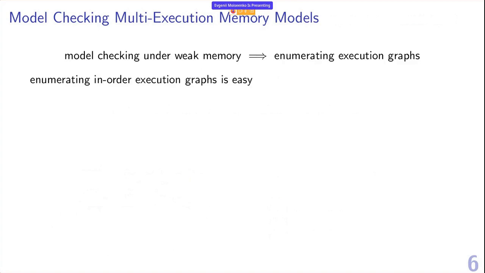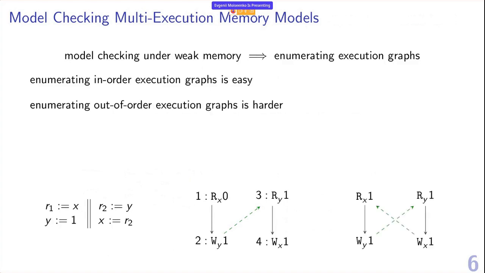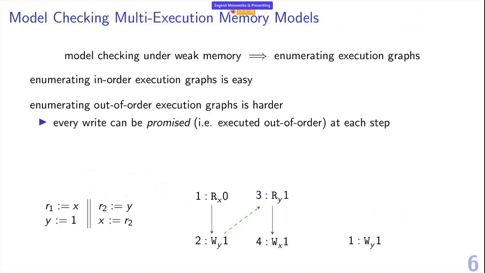Indeed, generating in-order execution graphs is relatively easy because each such graph can be generated by enumerating its events according to some order that is consistent with program order and reads-from. However, enumerating out-of-order execution graphs is much harder because now at each step we need to consider performing a promise, that is, executing some store instruction out of order.